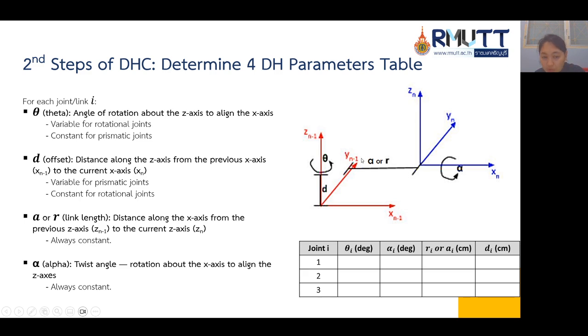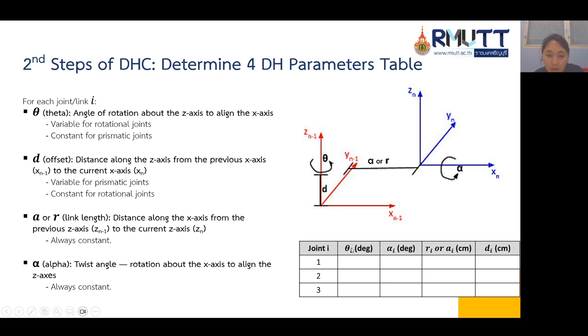This is always constant. And the last parameter is alpha. This is the twist angle, rotation about the x-axis to align the z-axis. This is also always constant.